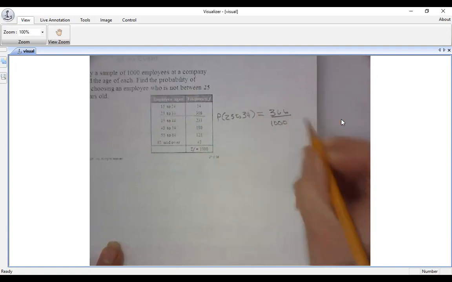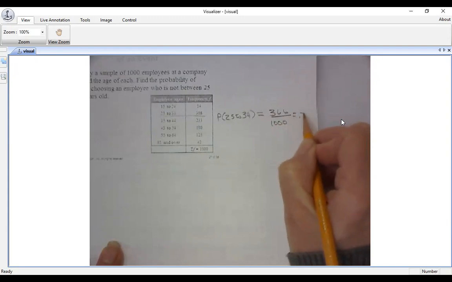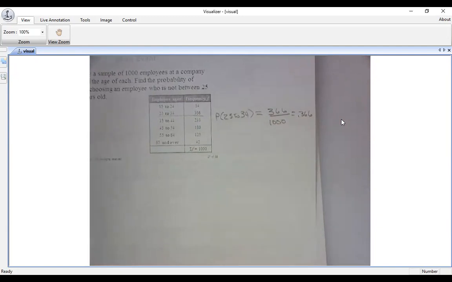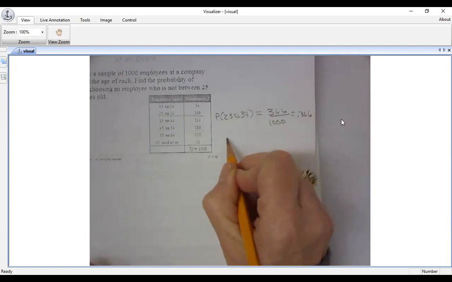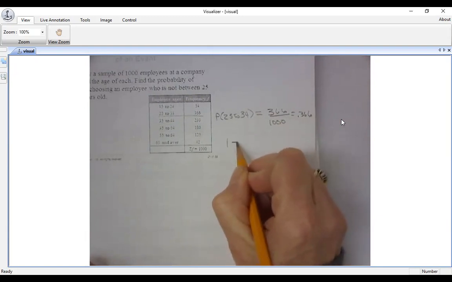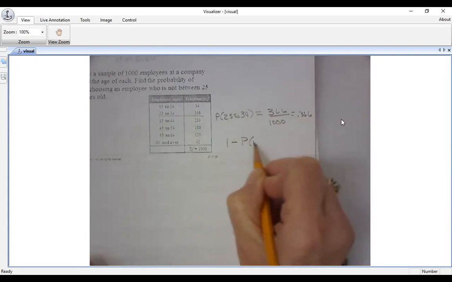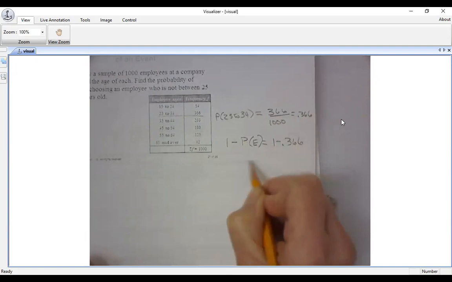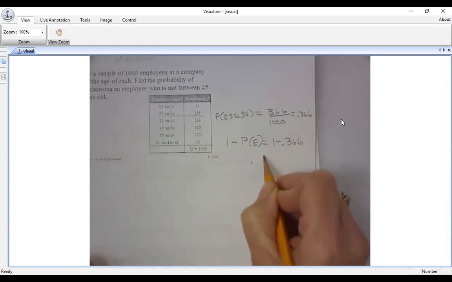If I made that into a decimal number, that's 0.366, right? Well, let's just leave it as 0.366 right now. So then you said you would do what to get the probability that they're not in that group? Subtract it from 1. That's giving us the complement. So 1 minus the probability of that event is 1 minus 0.366, which is how much?